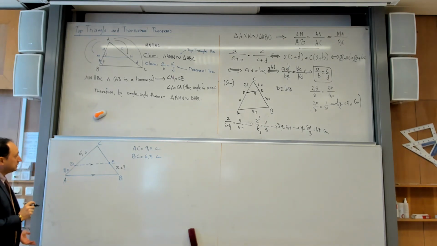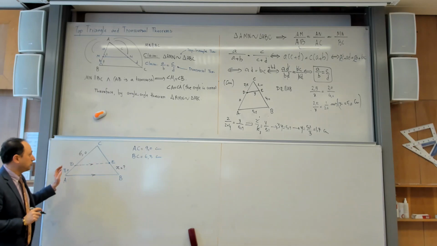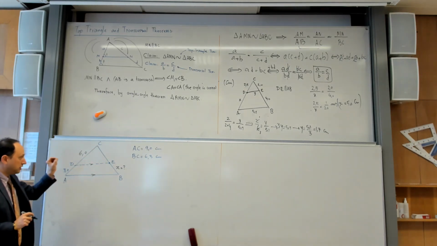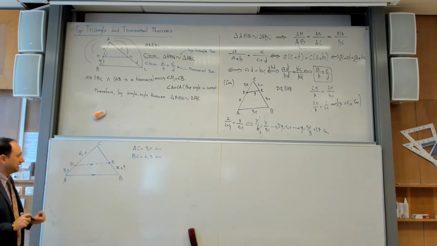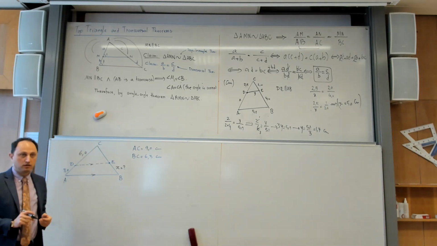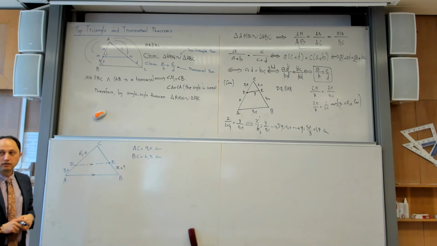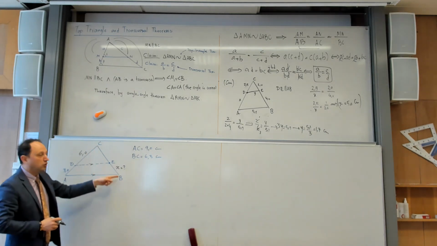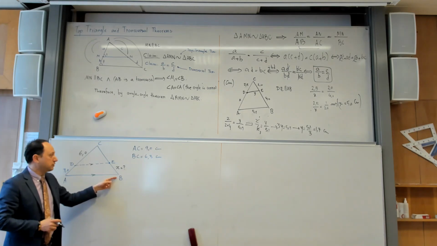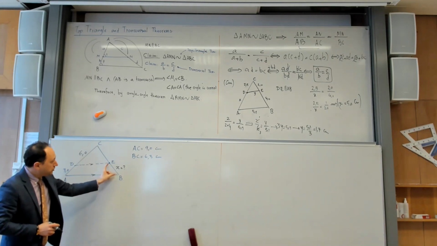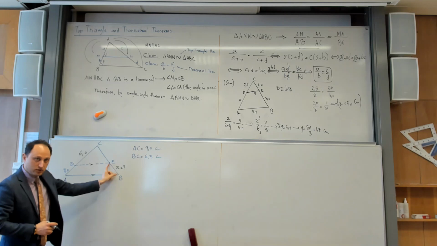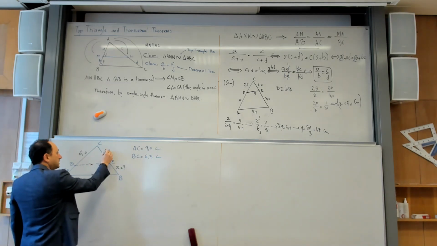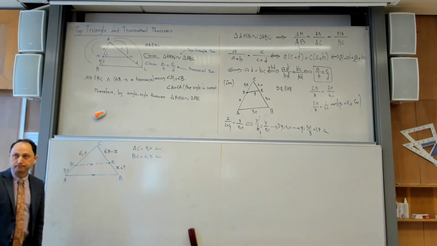Okay, but what can I write for CE? Don't make it complicated. Of course, I cannot write a definite number for CE, but I can write something for CE. It is 6.3 minus x. Because the whole is 6.3, and I am assuming that this part itself is x, so what is left for this is 6.3 minus x.